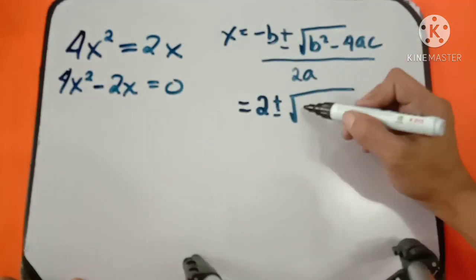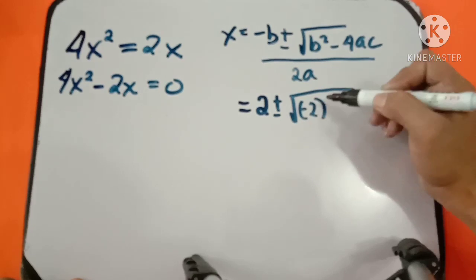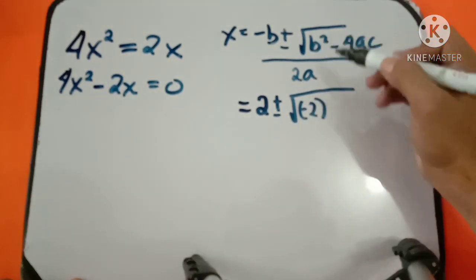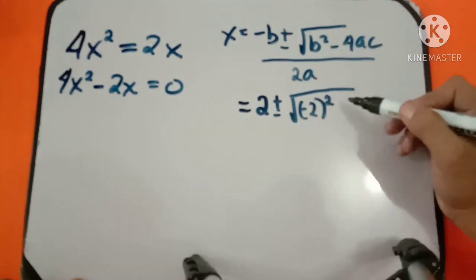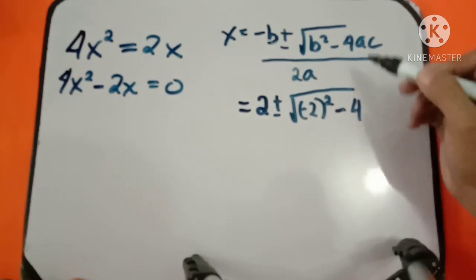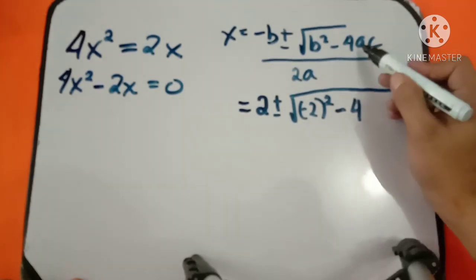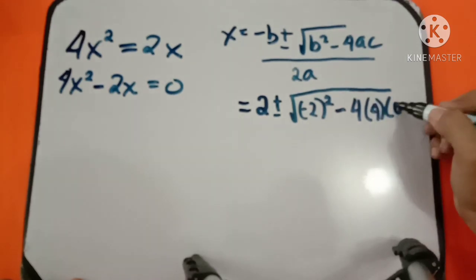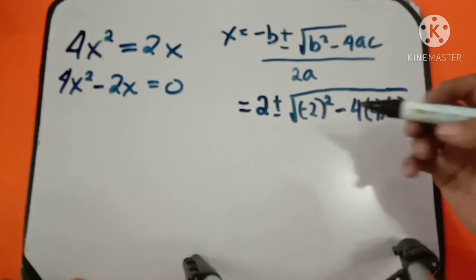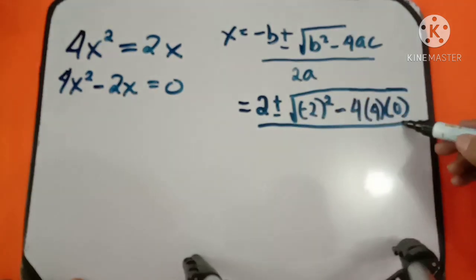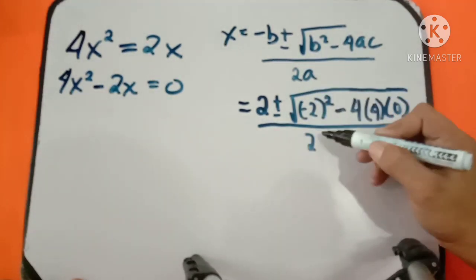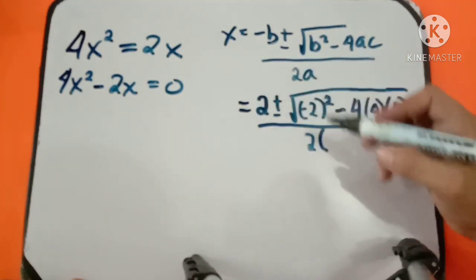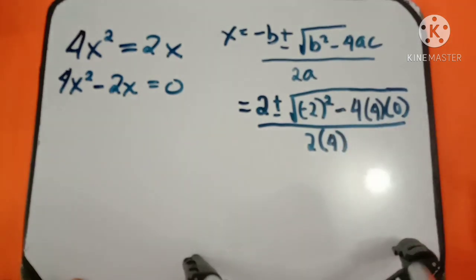We have here negative 2, our b, and since it has a square, we have here squared minus 4. 4 is constant. Then our a is positive 4, then our c is 0. Then we have to divide all these terms by 2 times our a, which again is 4.